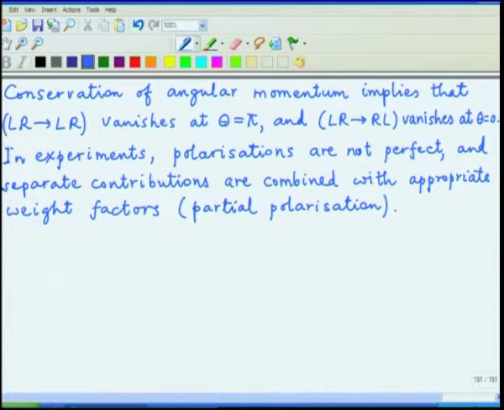Now, I want to illustrate another process which can be obtained by the same machinery which we have set up, and that is the question of analyzing production and decay of bound states.